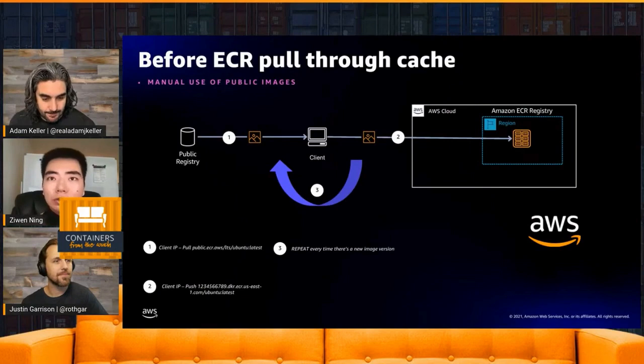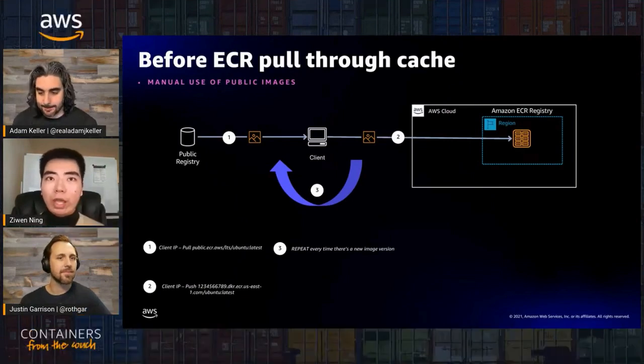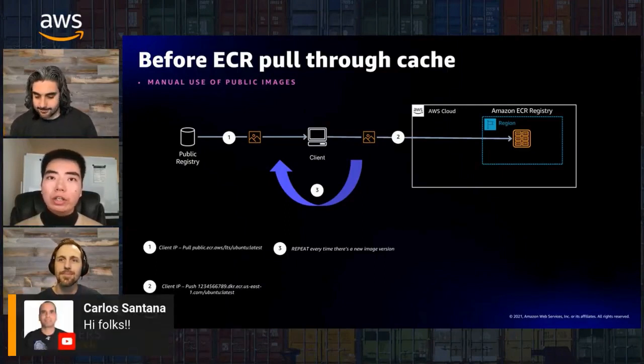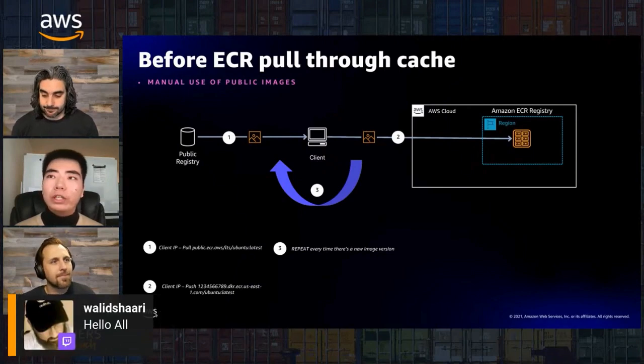So today, before push-through cache, what customers are doing is that if they want to copy the images from public registries to private ECR, they need to manage one client to consistently pull the images from a public registry and then push it to private ECR to make sure the images are up to date.